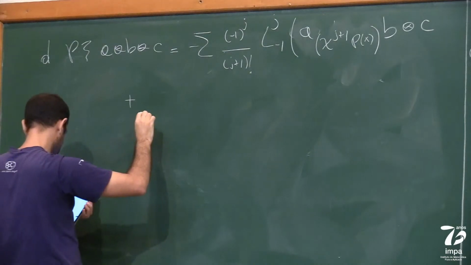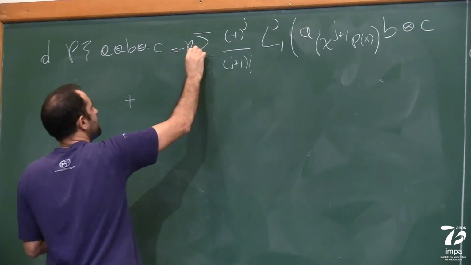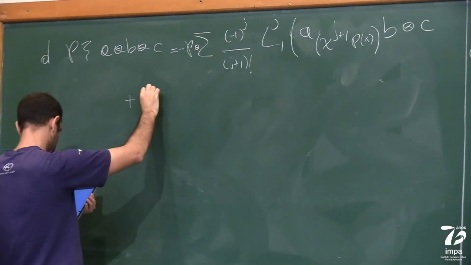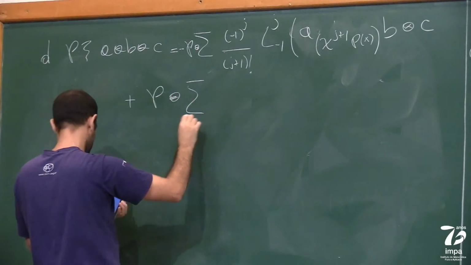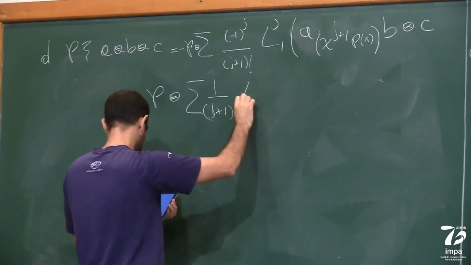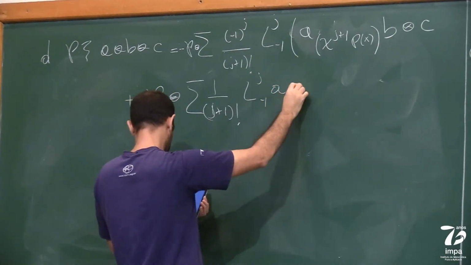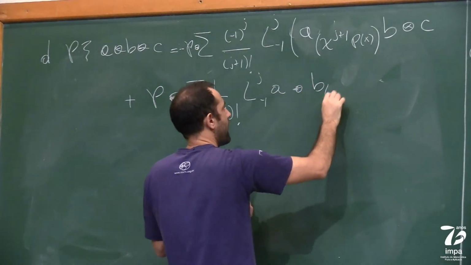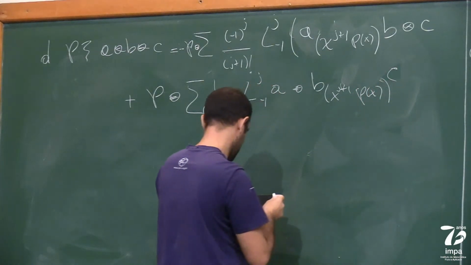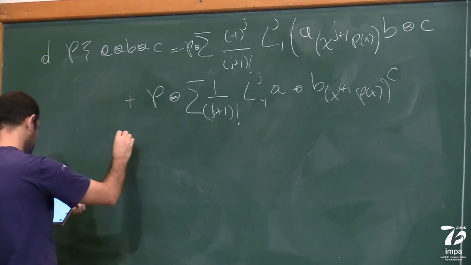plus, oh, here's the p function. So it's minus p tensor that, plus, again, p tensor the sum of 1 over (j plus 1) factorial, L minus 1 to the j, tensor A of A, tensor B x to the j plus 1 p of x, C. Okay, C, that's correct.